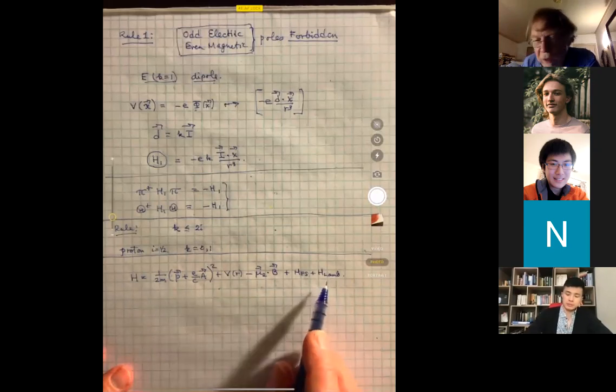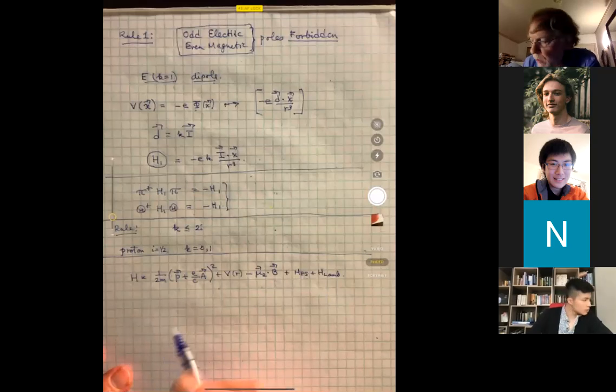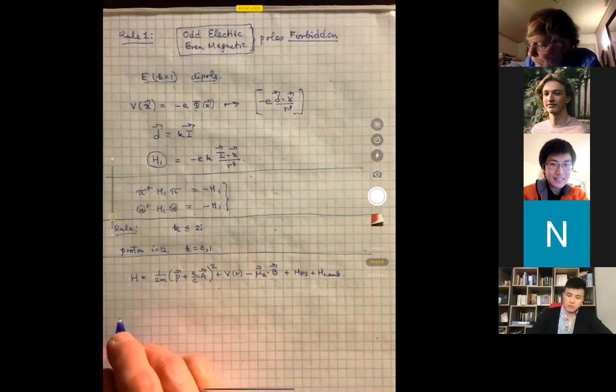Also, the Lamb shift causes a splitting of the fine structure levels, as you'll recall, depending on the L quantum number. And knowing what the degeneracies are of the eigenstates of the unperturbed Hamiltonian is, of course, important in perturbation theory. And so for that reason, the Lamb shift is also important. Now, this is the total Hamiltonian we'll use.